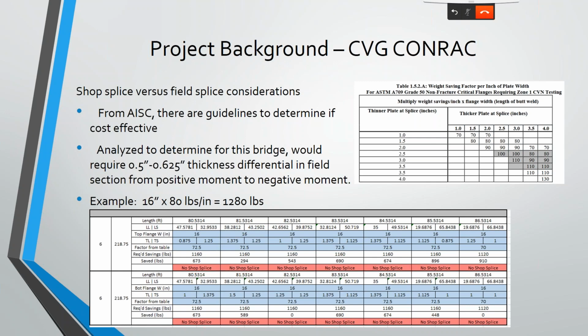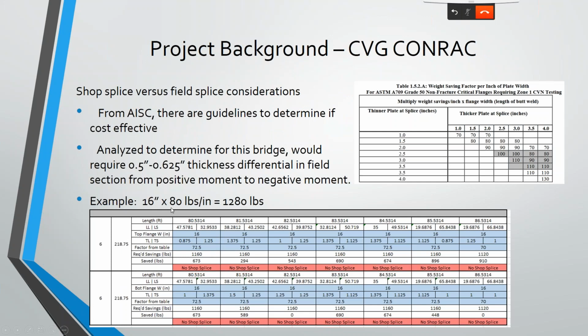What we found, at least in our structure, is the shop splices really were not saving us any money, mainly because doing that saves you money on the steel, but it adds labor. The labor cost is too much to make that an economical solution. So we really didn't use much in the way of shop splices in this case, because we would have needed a 1/2 inch or 5/8 inch minimum differential, and we just weren't getting that in the actual field.